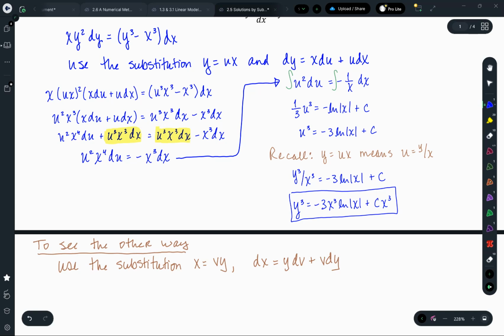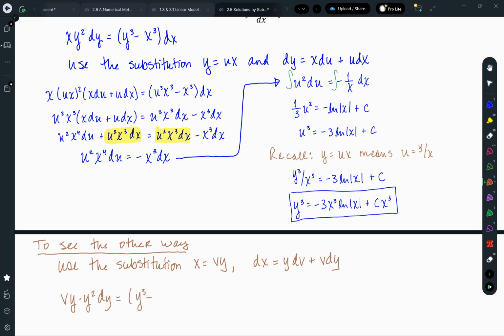So the x y squared, the x is just going to be vy, and then times the y squared dy. This is equal to, in parentheses, y cubed minus the x cubed, which becomes v cubed y cubed, all times dx, which is y dv plus v dy.